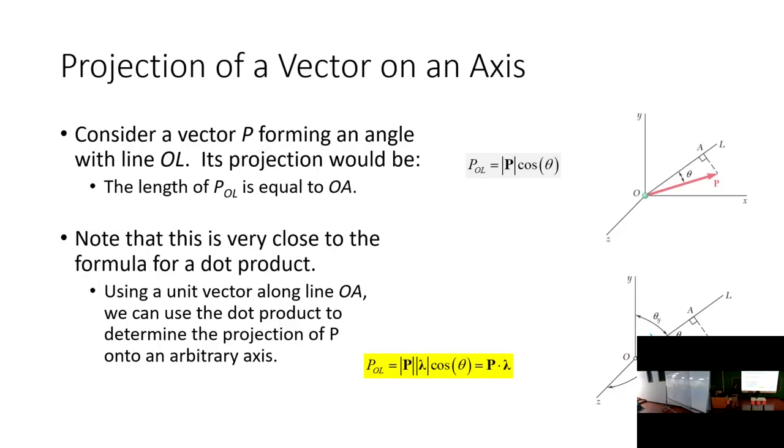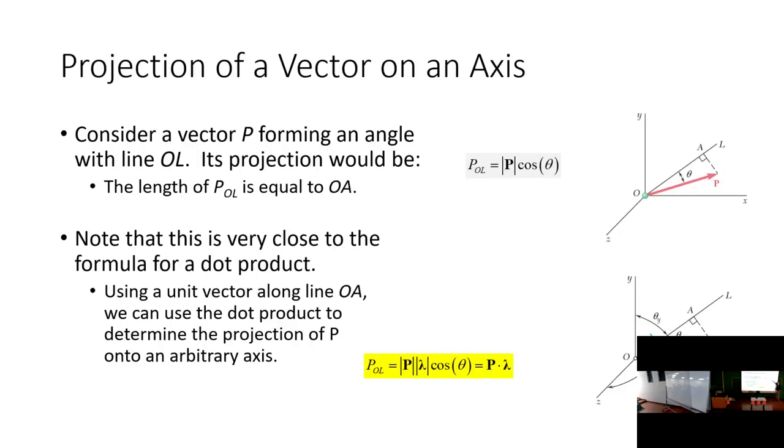What I can do is take that vector and dot it with the unit vector describing this axis. And that will tell me how much moment is generated about an arbitrary axis. Okay? And if you're wondering how that works, it's honestly just a little bit of a trick.